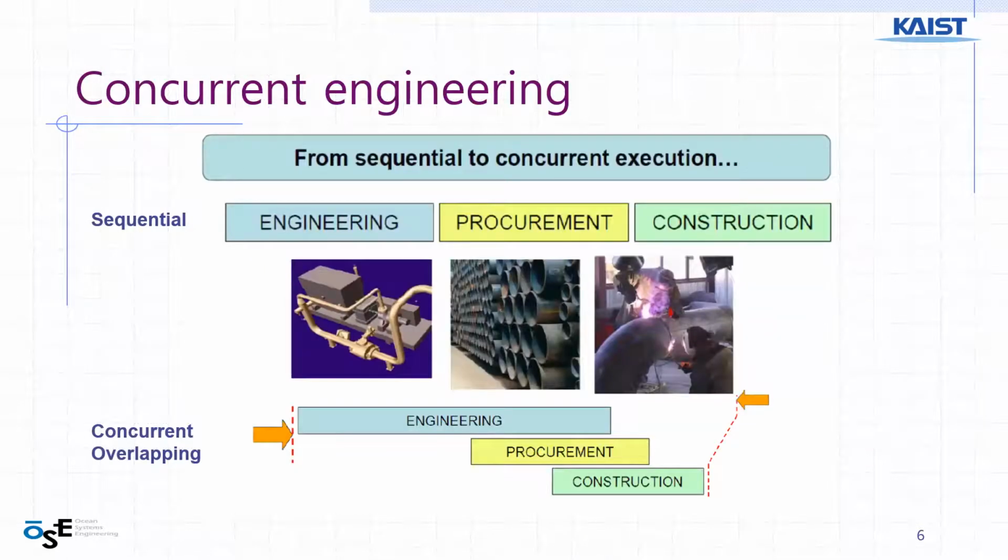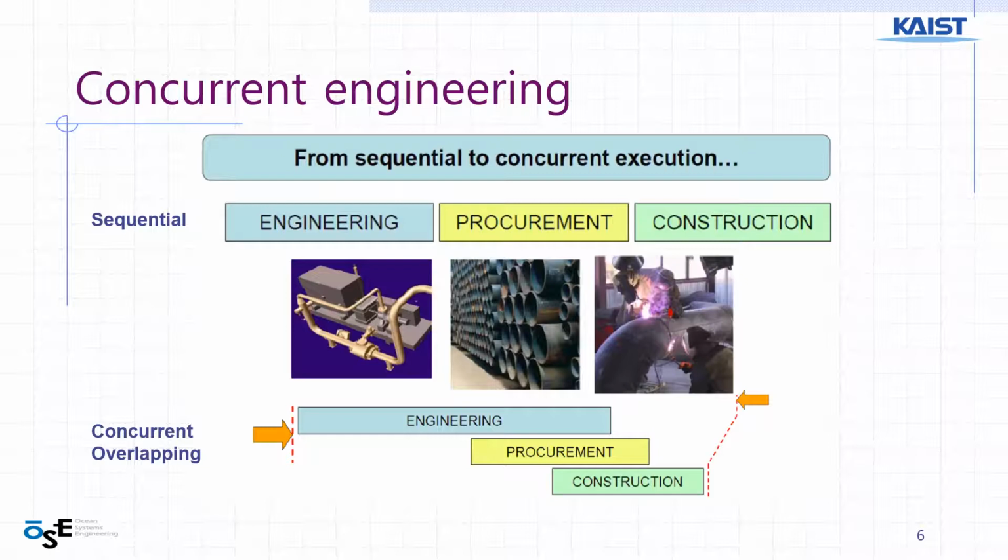Now, what is concurrent engineering? It is moving from sequential to concurrent execution of engineering activities. So in top lines, there is a sequential activity of engineering, procurement, and construction.